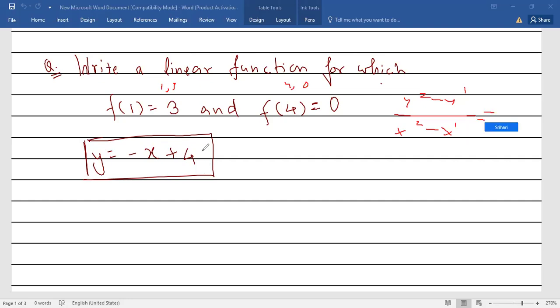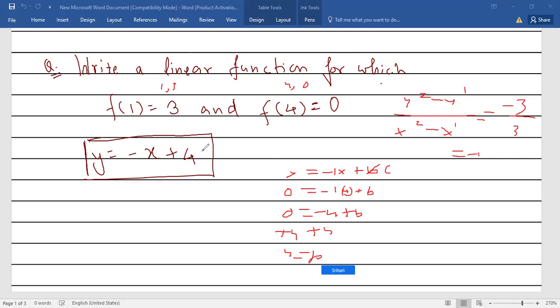That gives negative 3 over 3, which is negative 1. So then y equals negative 1x plus b, which is the same as c. Then I plugged in one of the points to find c: 0 equals negative 1 times 4 plus b. You get 0 equals negative 4 plus b, so b would have to be 4. Perfect.